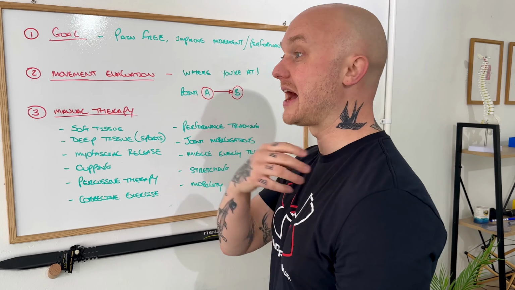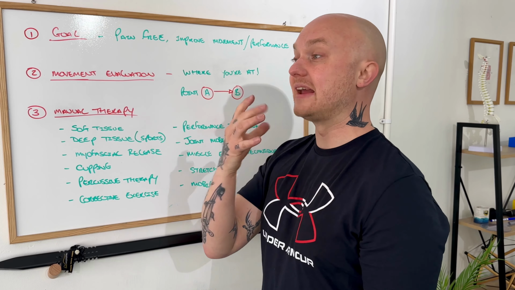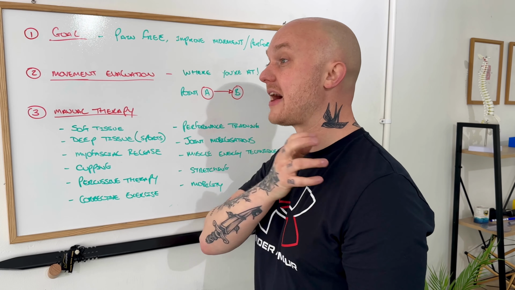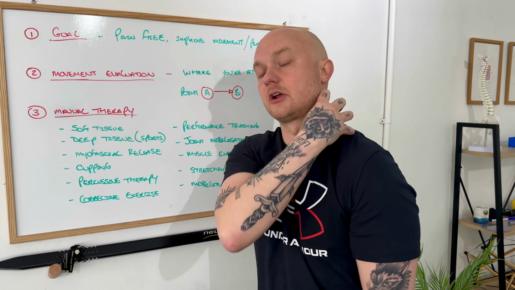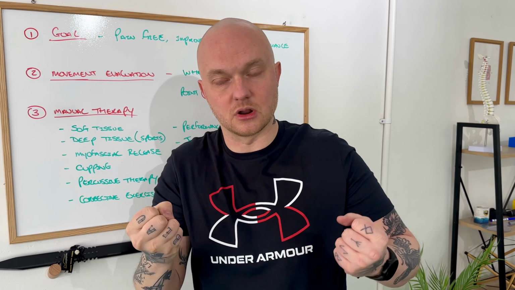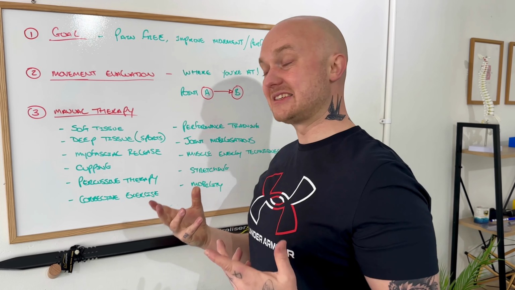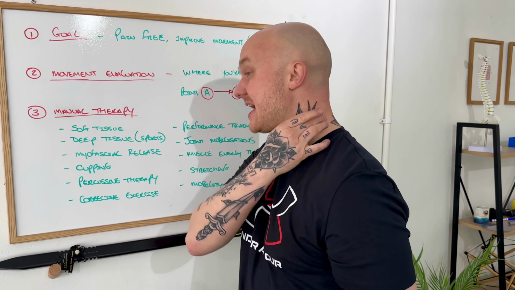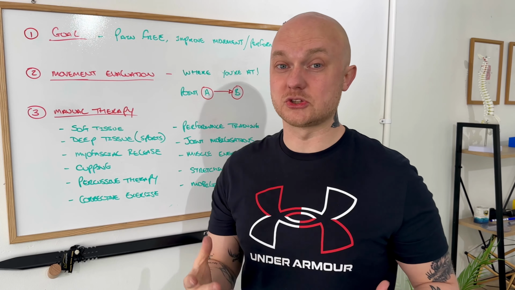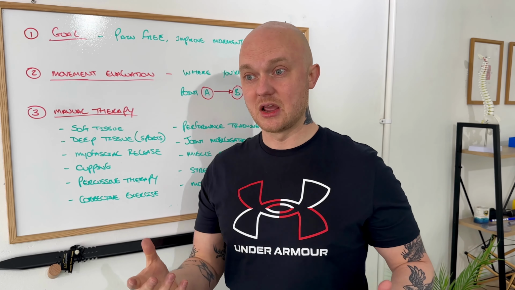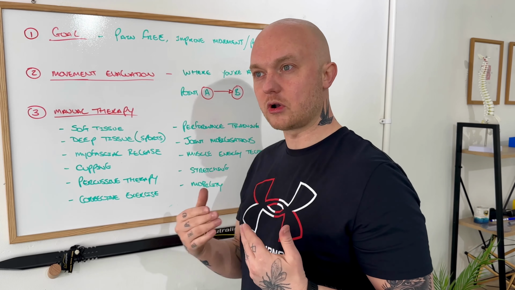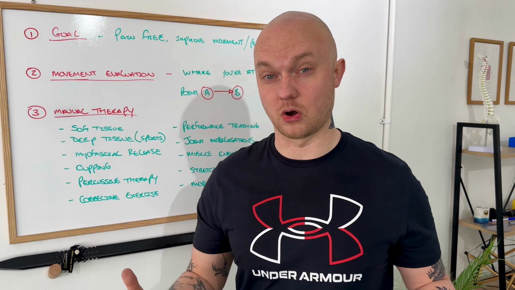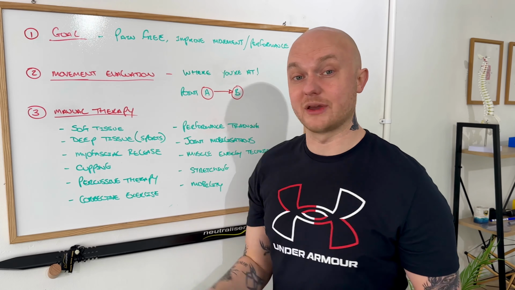So let's say someone has neck pain, we find that their head is slightly forward, we find their shoulders are dropped down and pulled in. All this is going to create some sort of tension. With that being said, just treating the site of pain may offer some short-term temporary release and ease of pain, but it's going to come back because we're not looking at fixing the root cause, which is what this movement evaluation is all about.